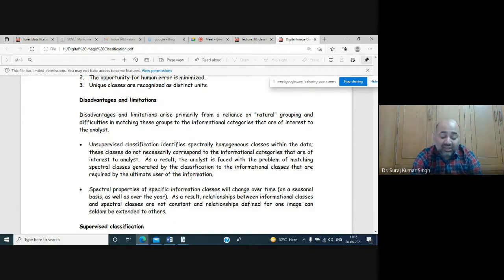So when the system automatically generates the classification, maybe the system will classify the snow or glaciers or riverine sand as a built-up area.